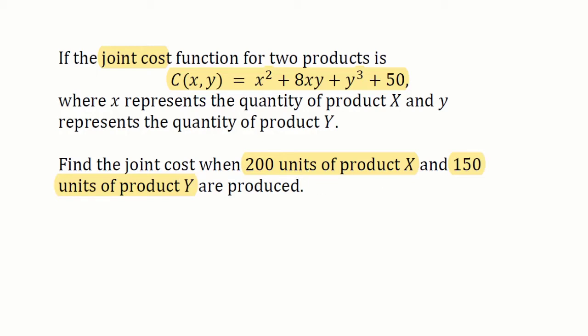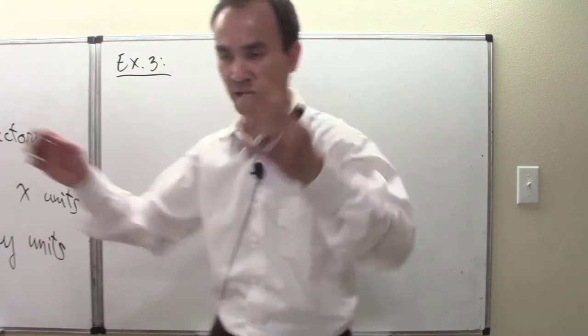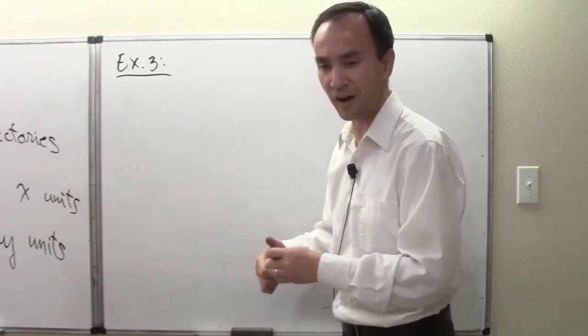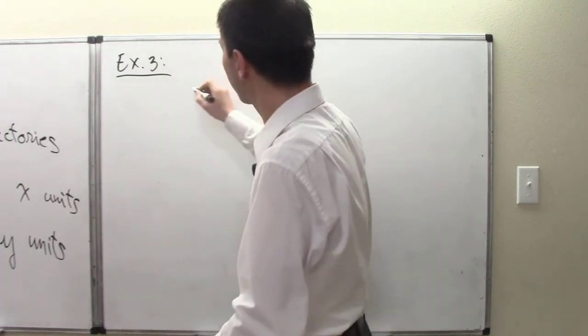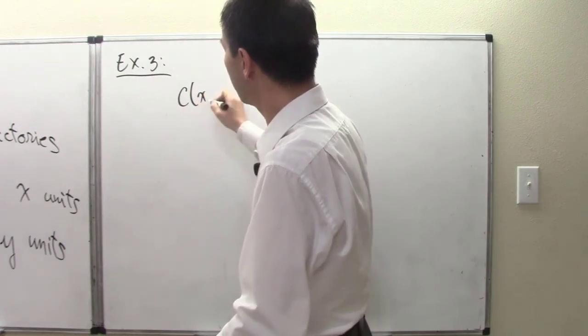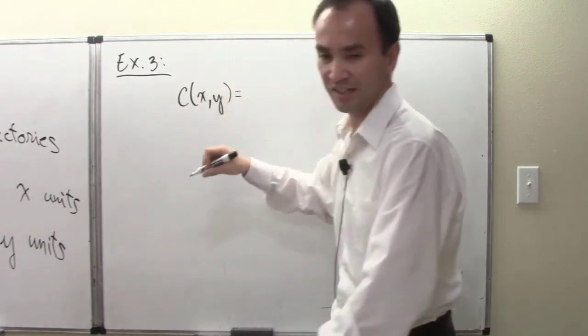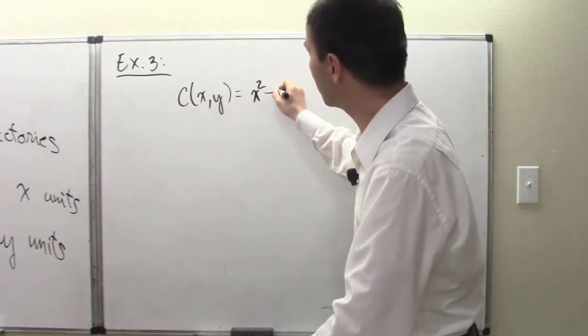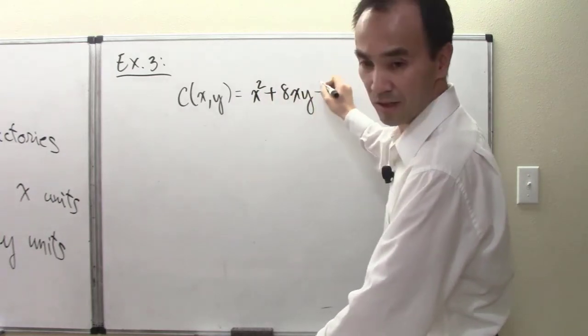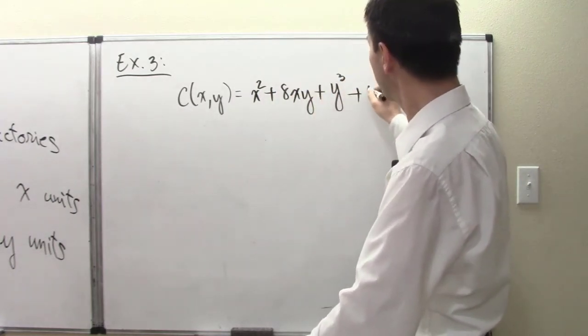So now, back on my board, the function is simply C of x comma y equals x squared plus 8xy plus y cubed plus 50.